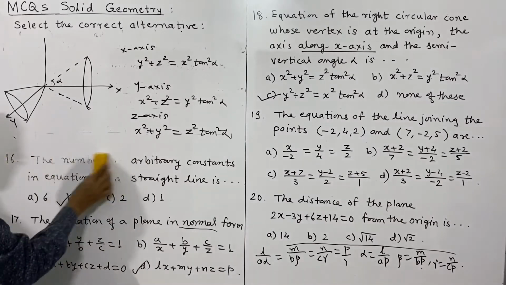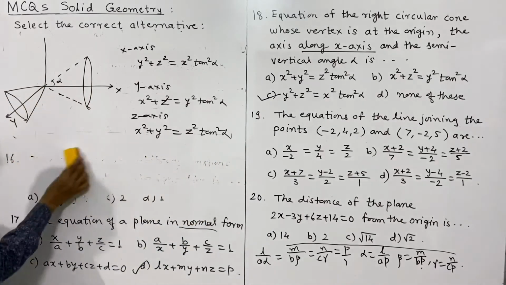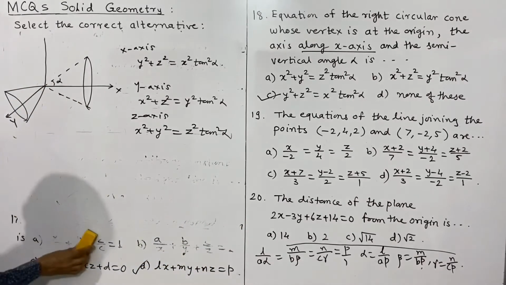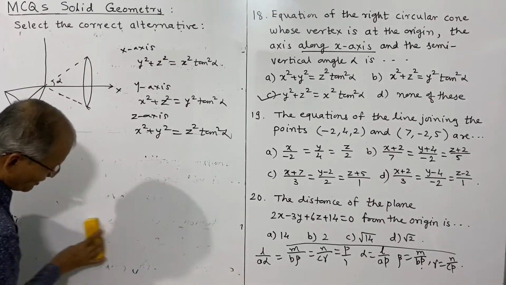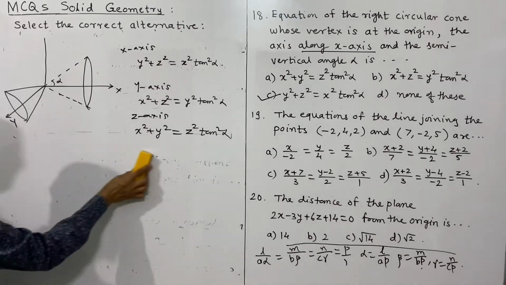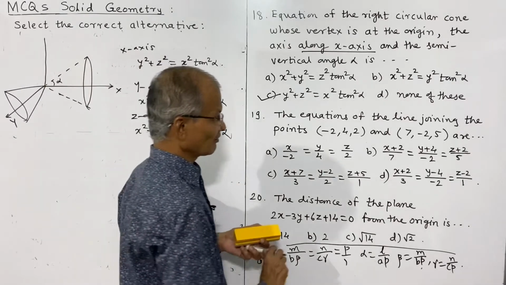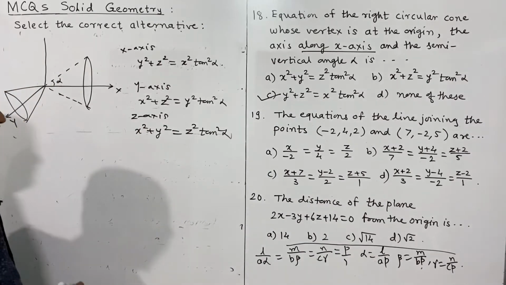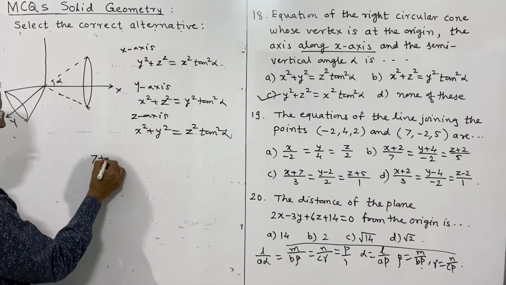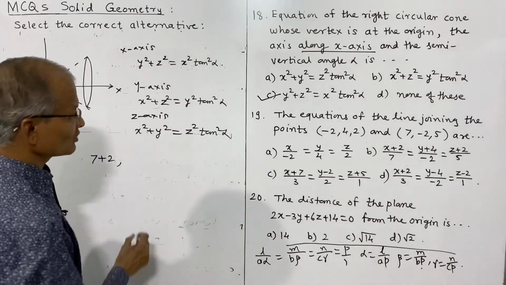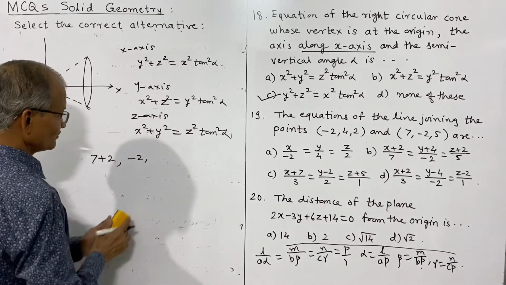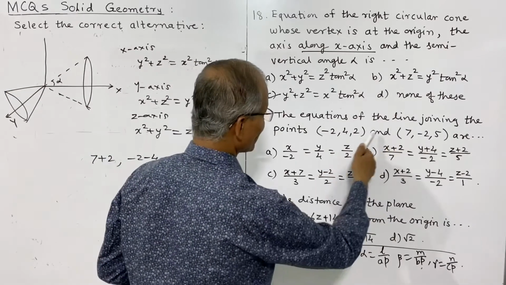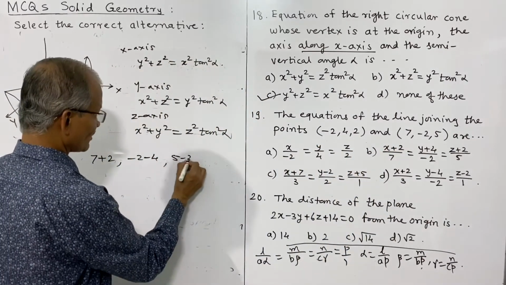Next, the equations of the line joining the points. This is a straightforward and simple question. For the line joining these two points, we can use the two-point form. We shall get the DRs of the line from the coordinates of the two points. So 7 minus minus 2 means 7 plus 2, then minus 2 minus 4, and then 5 minus 2 are the DRs of the line.